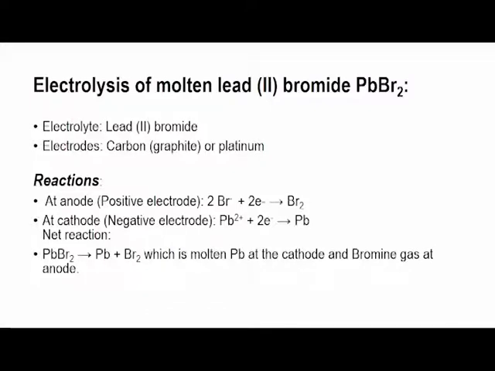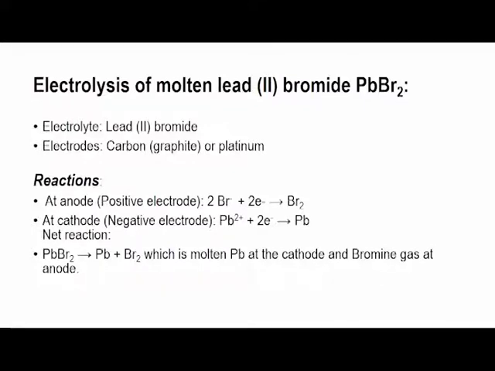For the electrolysis of any given substance, students should be able to state what is formed at the negative electrode and what is formed at the positive electrode, and also write the reactions that occur at the anode and the cathode. In this case, for lead(II) bromide, the electrolyte is lead(II) bromide. The electrodes that can be used are graphite or platinum.